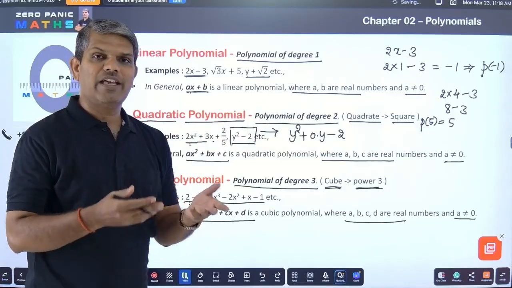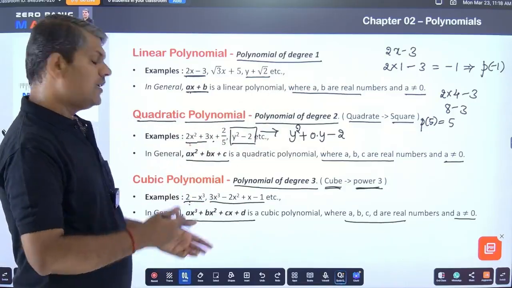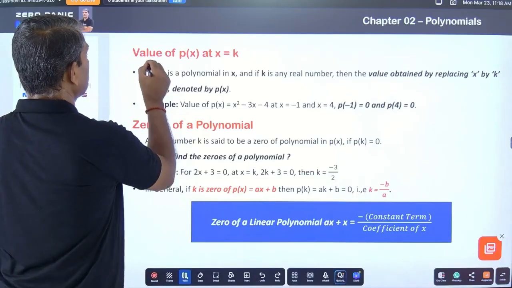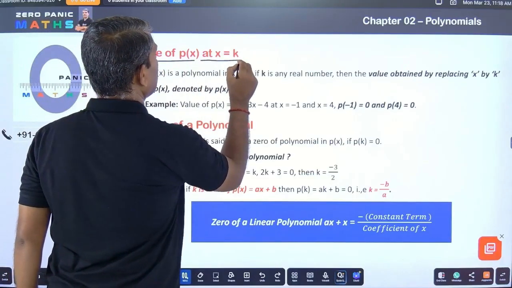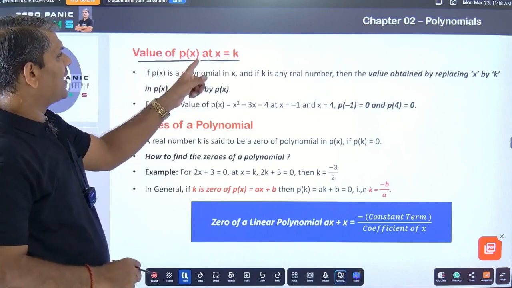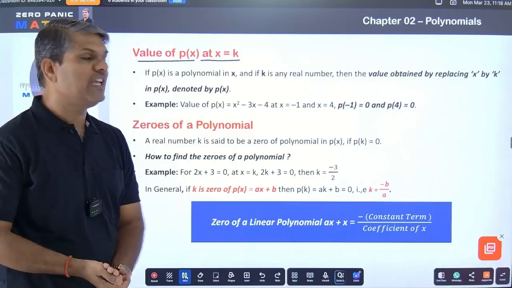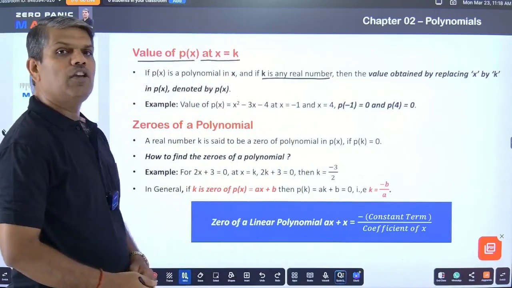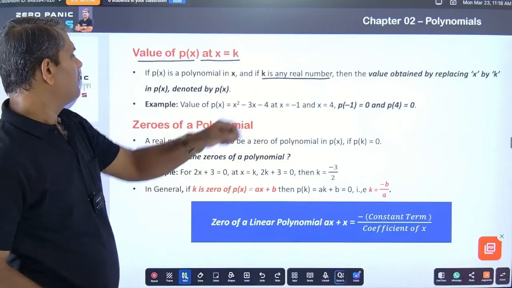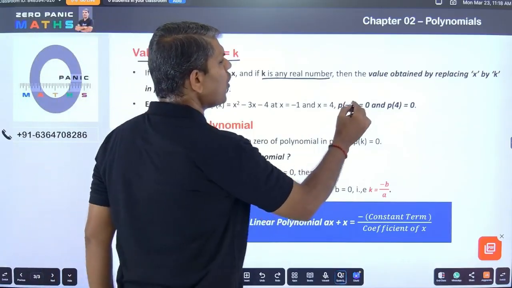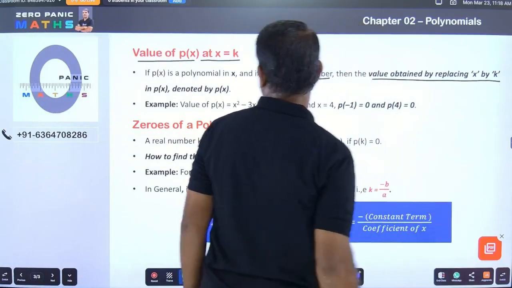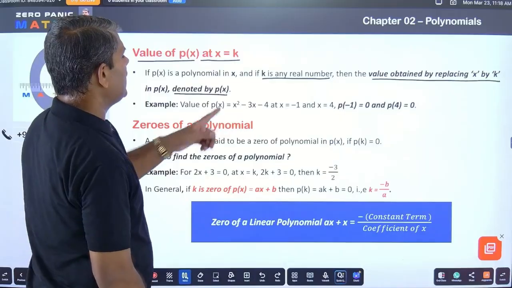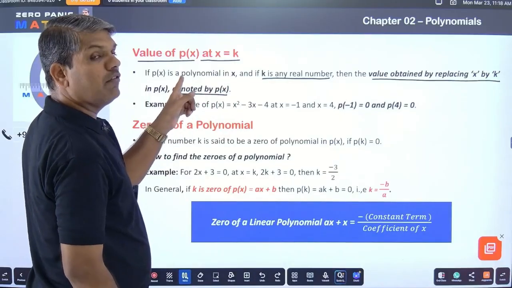Okay, now why did I explain this? Because we are going to define some important concepts on the value of the polynomial. The value of a polynomial p of x at x is equal to k, where k is any real number. If you replace x by k, then the value obtained is denoted by p of k, and that is called the value of a polynomial.